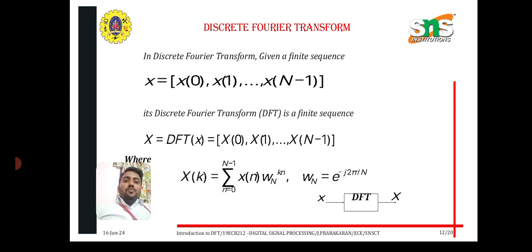In the discrete Fourier transform, given a finite sequence, that is x of 0, x of 1, up to x of N minus 1, the discrete Fourier transform is a finite sequence which is represented by capital X of k equal to summation n equal to 0 to N minus 1 x of n W N power kn. W N is represented as the twiddle factor, W N equal to e power minus j 2 pi divided by N.